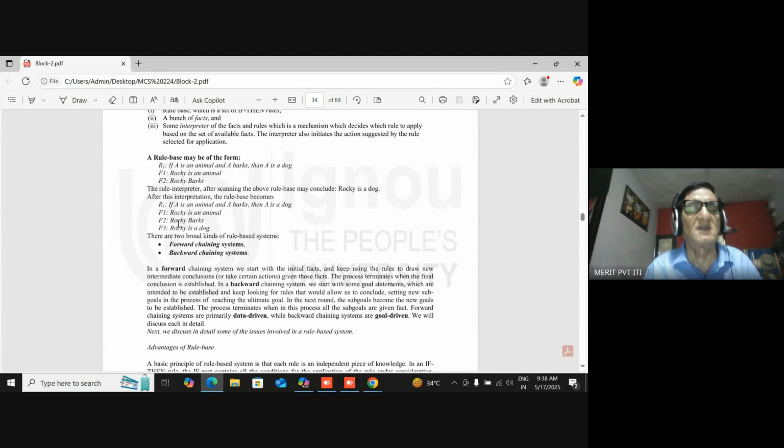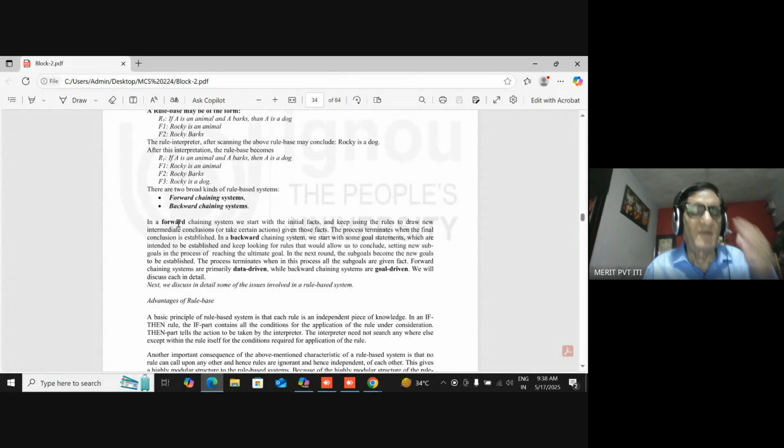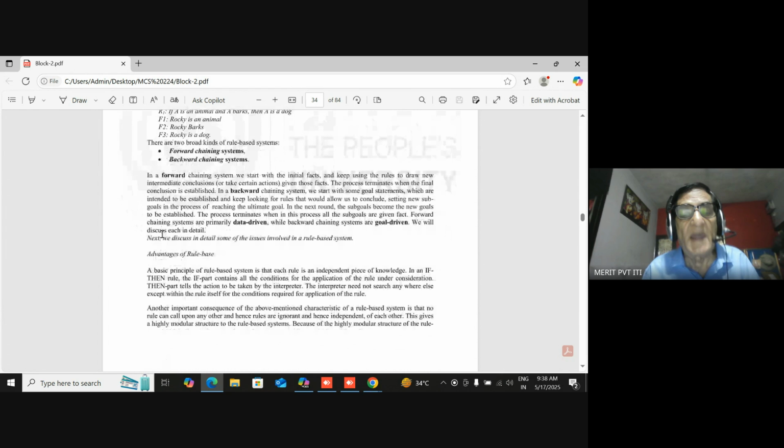So that's forward chaining and backward chaining. Forward chaining systems start with the initial facts and keep using the rules to draw new conclusions. Backward chaining is a system where we start with some goal statements which are intended to be established and keep going backward, setting new sub-goals in the process.